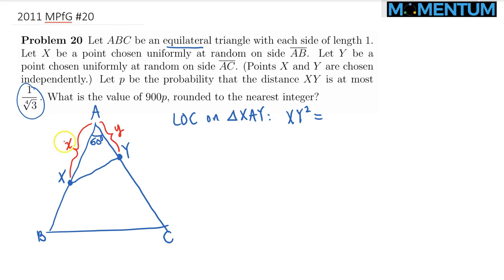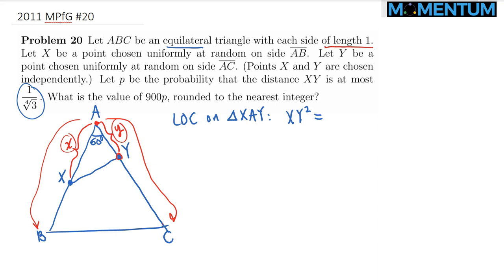Obviously x can range from 0 to 1, and similarly y can range from 0 to 1 along the edge. We can randomly pick the point y anywhere from A all the way up to C, and the side length is given to be 1, so even better.